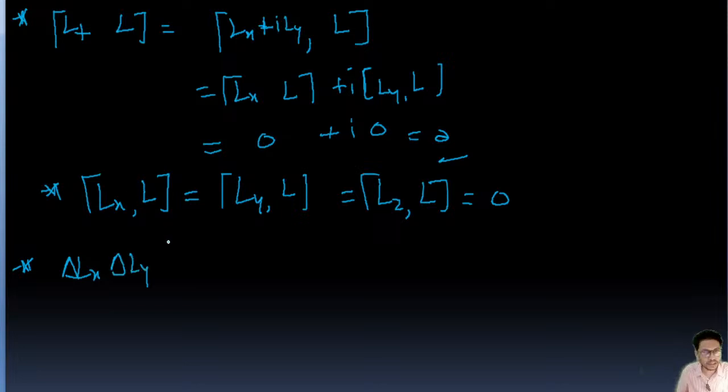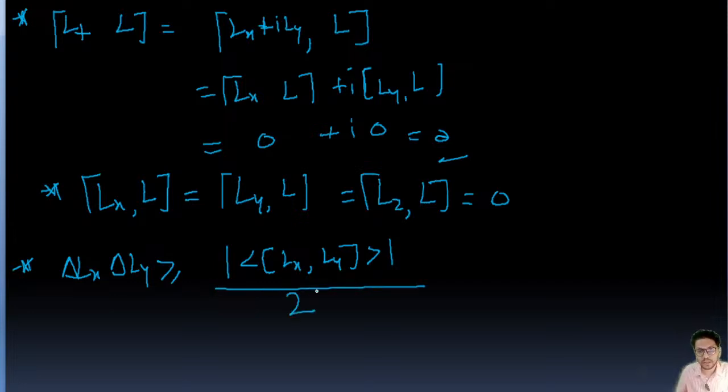Delta Lx times delta Ly, for the general formula we know, is greater than or equal to the mod of the average value of commutation of Lx Ly upon 2, right? The value of Lx Ly is iota h cut Lz. So this is the mod of iota h cut Lz upon 2.